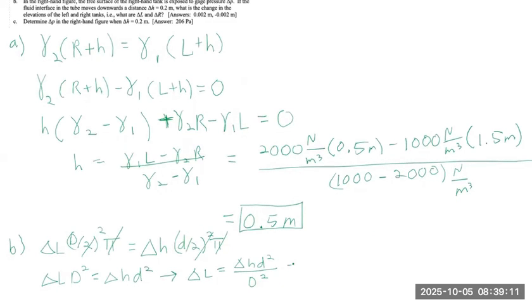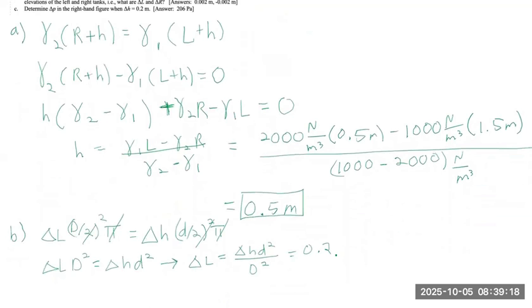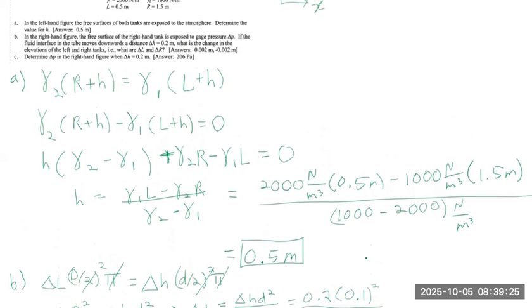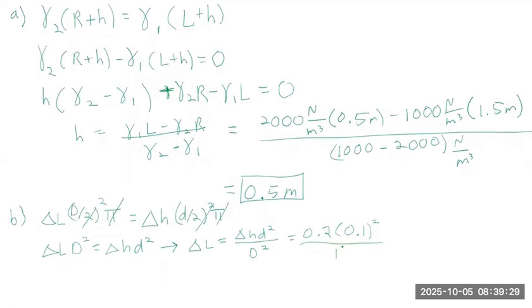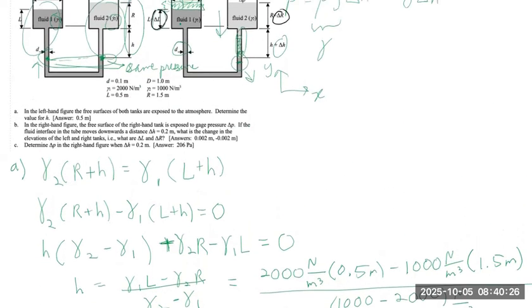So we have 0.2 times 0.1 squared over 1 meter squared, which is in turn equal to 2 times 10 to the negative 3 meters, or 0.002 meters.